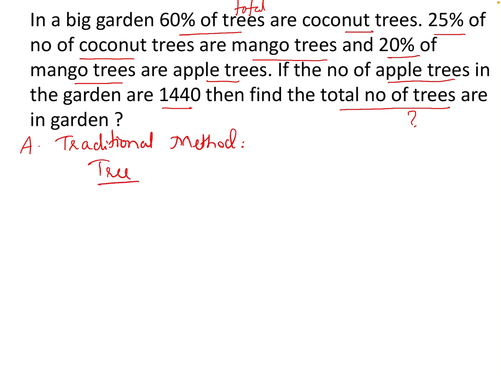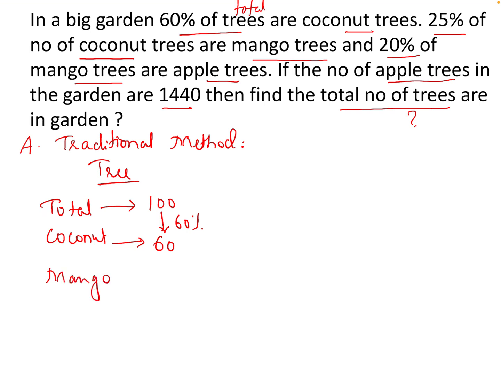The total number of trees we don't know, so we will assume it as 100. Then coconut trees are how much? Coconut trees are 60% of total trees. So, 60% of 100 is 60. Then how many are mango trees?